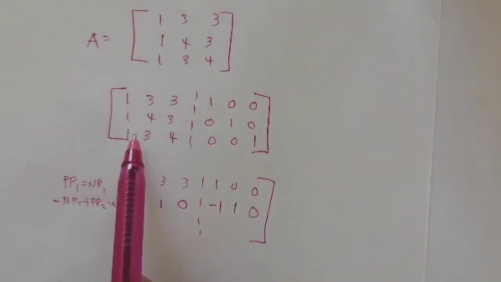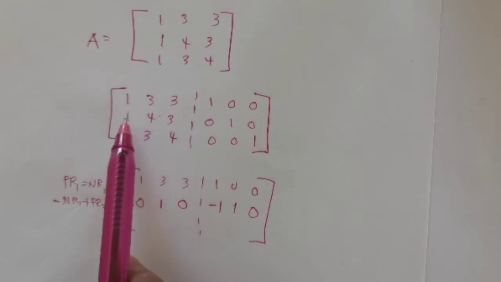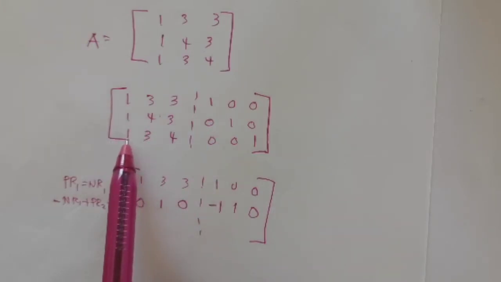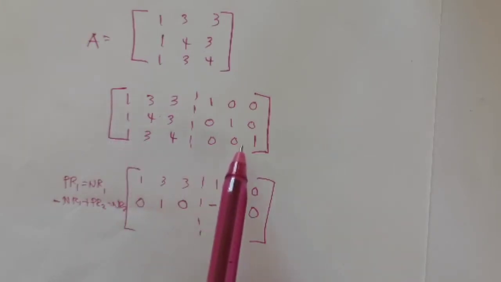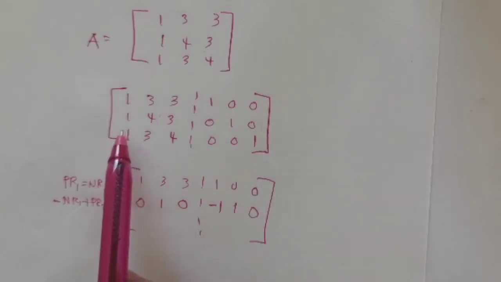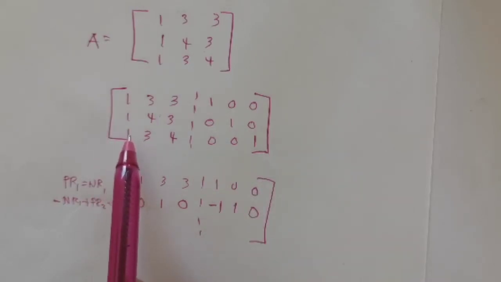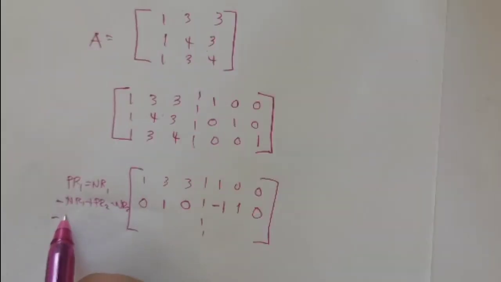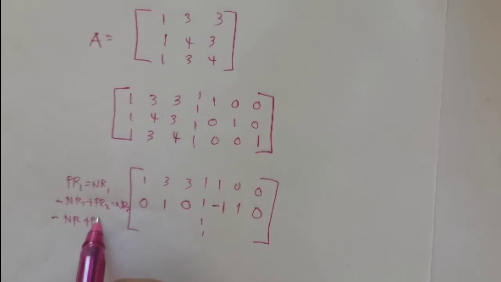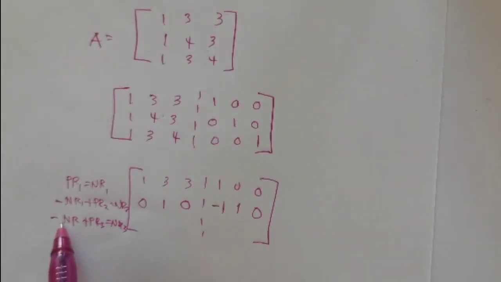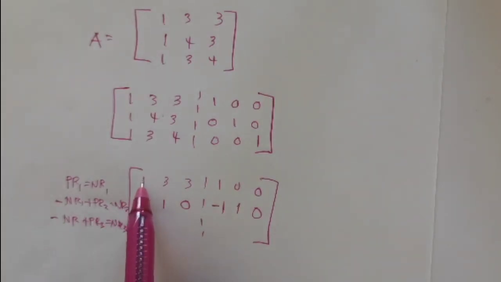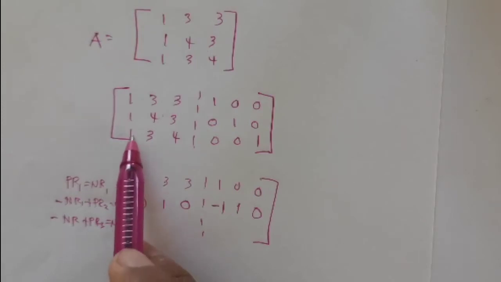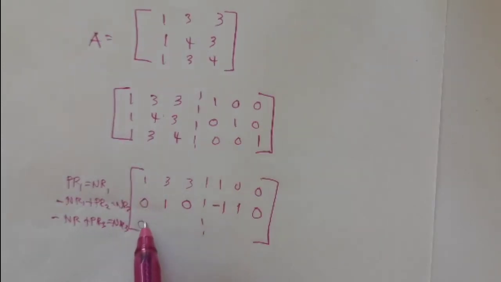Next, the same as in row 2 previously, the first entry of row 3 is also 1. So the same: negative 1 times new row 1 plus previous row 3 is equal to new row 3. Negative 1 times 1 is negative 1, plus 1, is 0.